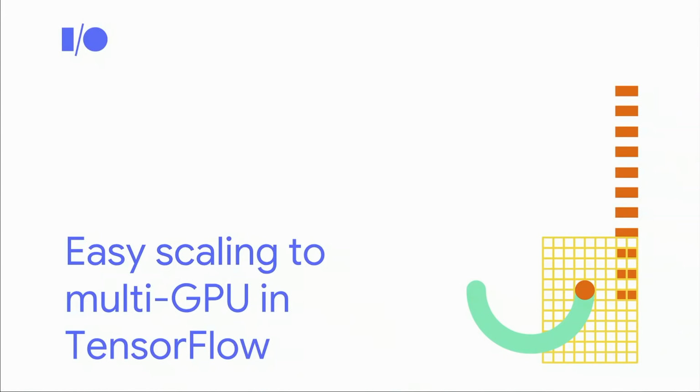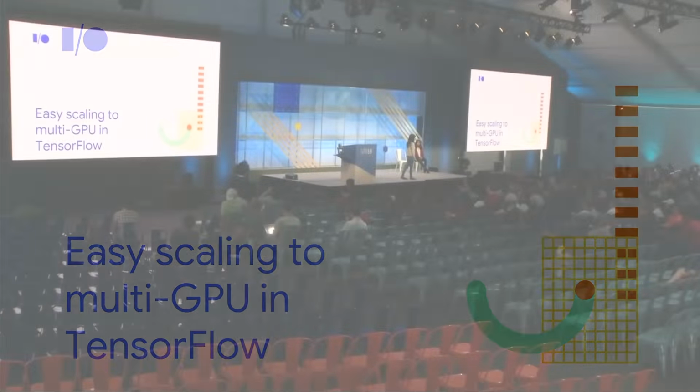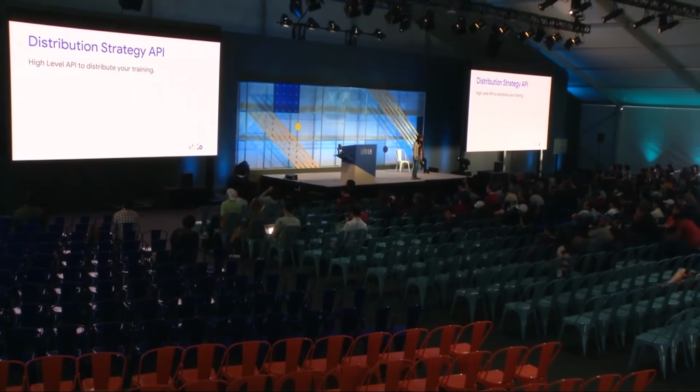Now that you're armed with fundamentals of distributed training architectures, let's see how you can do this in TensorFlow. As I already mentioned, we're going to focus on scaling to multiple GPUs with the Allreduce architecture. In order to do so easily, I'm pleased to introduce the new Distribution Strategy API. This API allows you to distribute your training in TensorFlow with very little modification to your code.